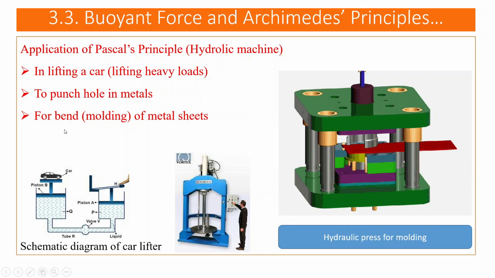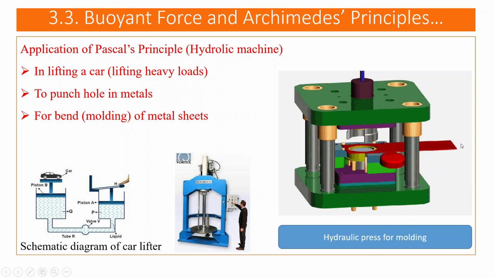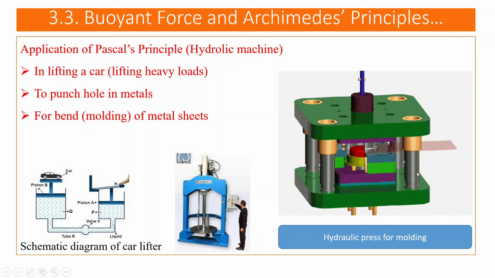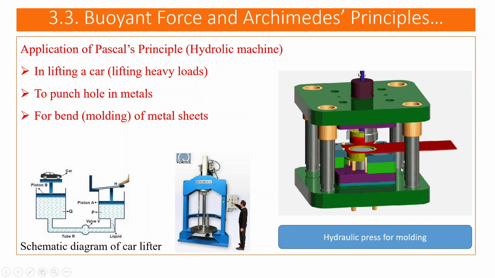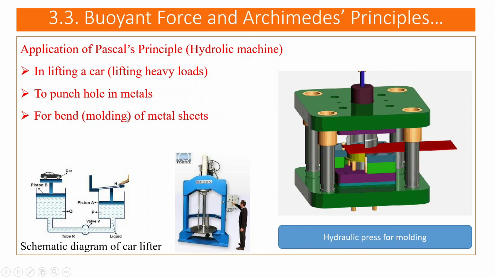And the third one is for bending or molding purposes. As you can see here, this is a metal sheet, and it is inserted into this molding machine. Then finally we will have such a shape. This is the shape that is produced from this machine. So it can be used for bending or molding purposes.